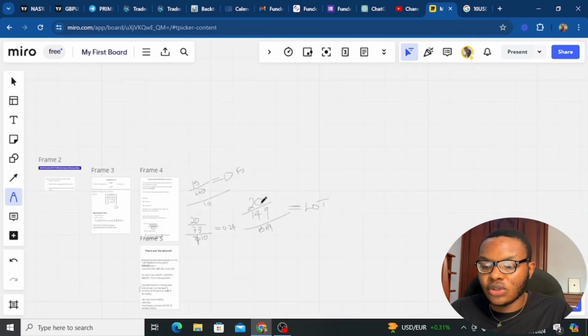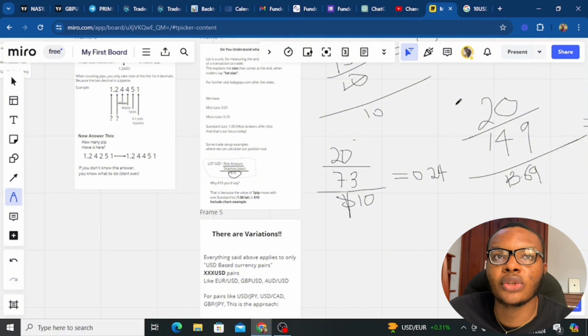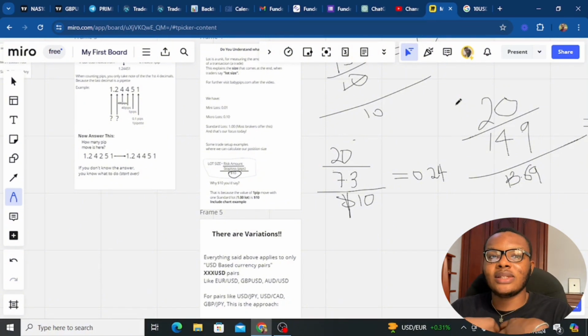But aside from doing all of these calculations, I told you guys before that they are on Babypips. There's a position size calculator too that helps you calculate this, but I don't like to rely on them. Exactly why I don't use them is that they only calculate for currency. I don't trade currency pairs. I trade indices.